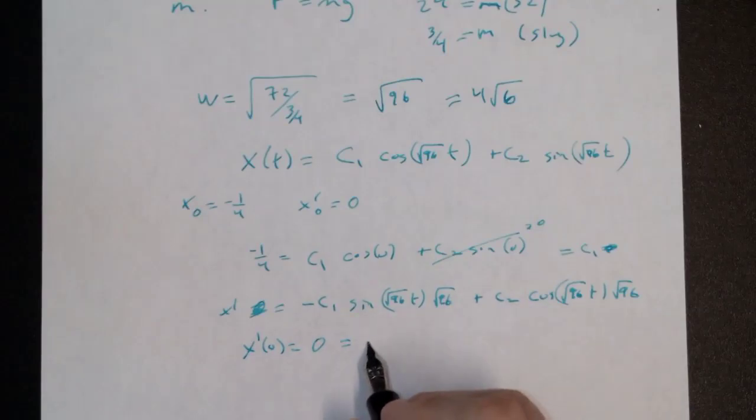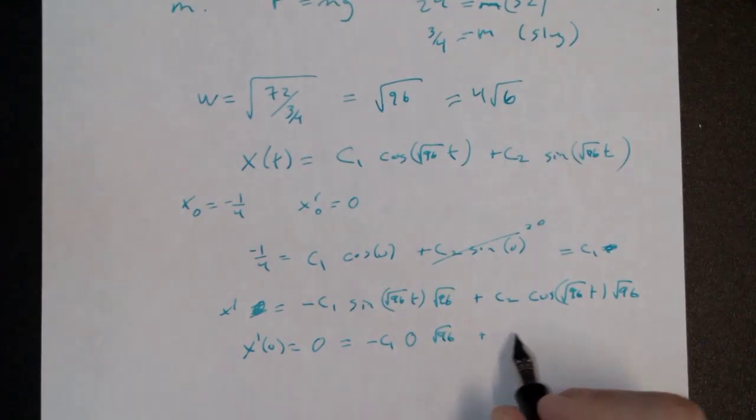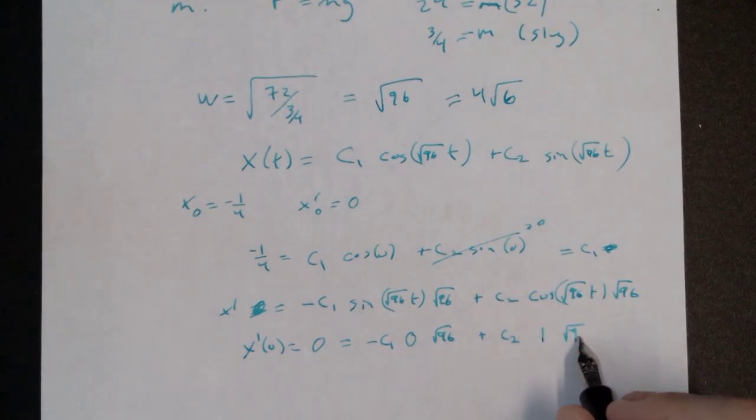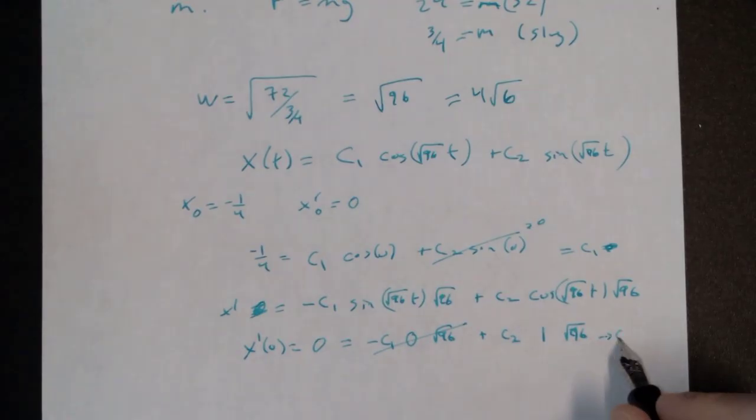Put in 0, I get negative C1 times sine of 0 times square root of 96 plus C2 times the cosine of 0 times the square root of 96. So what's C2? Because that goes away. What's C2? Yay.